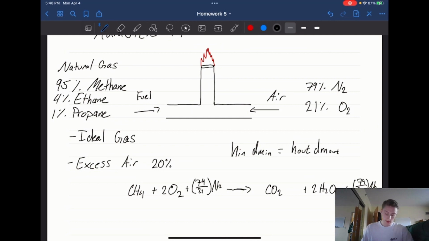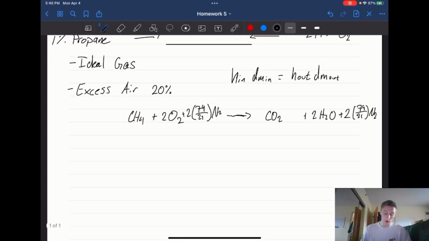But since in this equation we are using 2 moles of O2, we would need to add in 2 times the ratio of nitrogen to oxygen in air, so plus 2 times 79 over 21. That gives us the reaction for just methane.